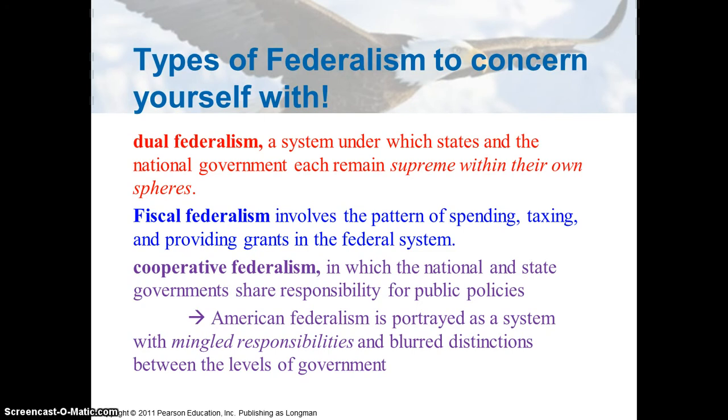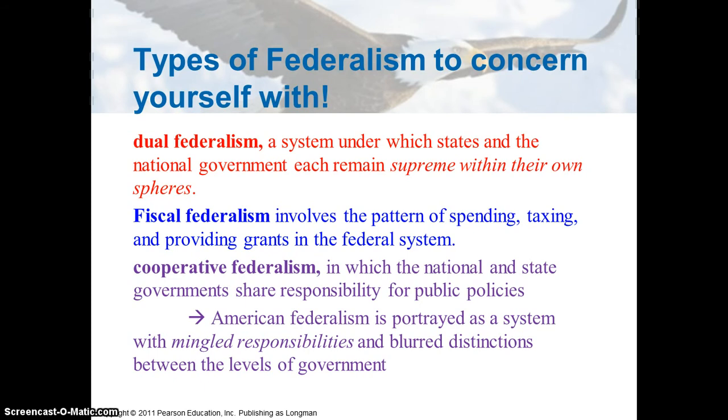The one in the middle here that says fiscal federalism, the pattern of spending and taxing, providing grants, that relationship between the states and national government is where we've moved our federalism to here in the United States. If you take a look down by the arrow, American federalism is portrayed as a system with mingled responsibilities and blurred distinctions.